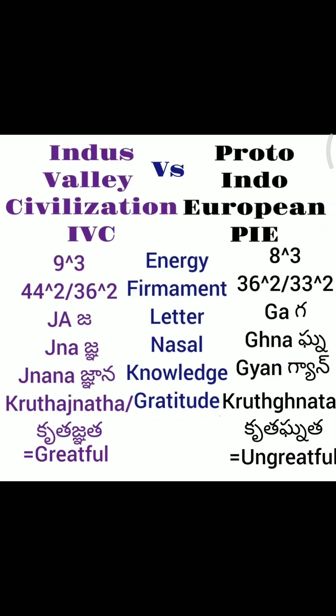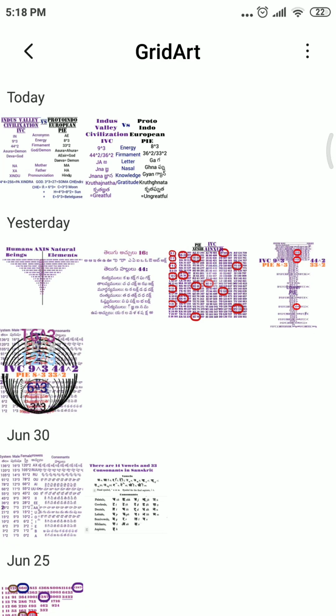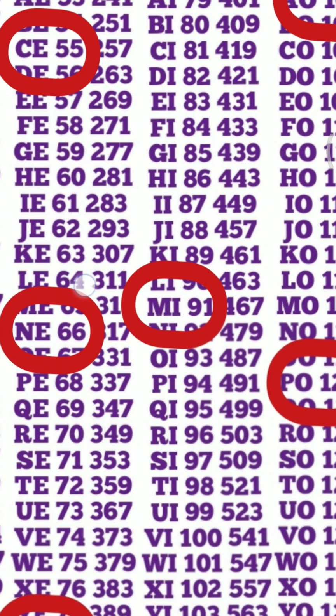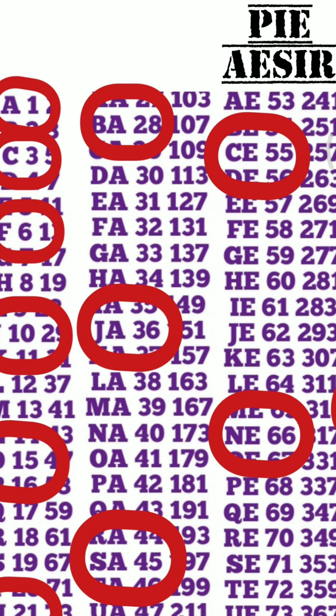So after uploading yesterday's video, I recognized that there's a very small difference; I'll show you the letters Ga here, which is 33 squared, and Ja here, 36 squared.